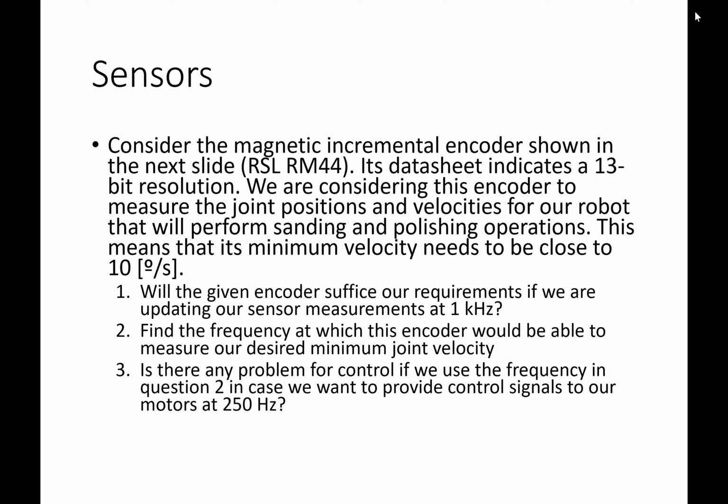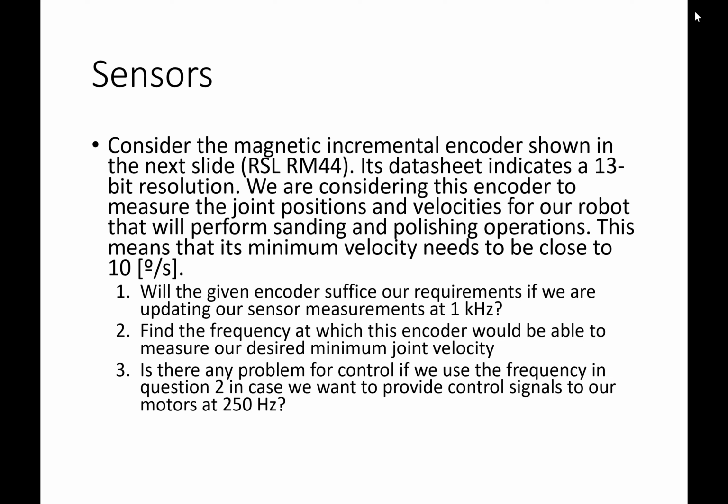This means that its minimum velocity needs to be close to 10 degrees per second. The first question is: will the given encoder suffice our requirements if we are updating our sensor measurements at 1 kilohertz? The second question: find the frequency at which this encoder would be able to measure our desired minimum joint velocity. And the third question: is there any problem for control if we use the frequency in question 2, in case we want to provide control signals to our motors at 250 hertz?